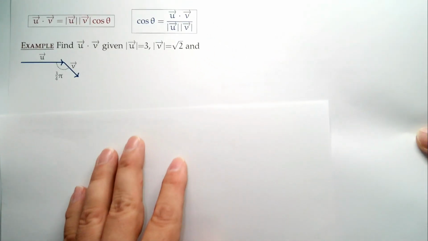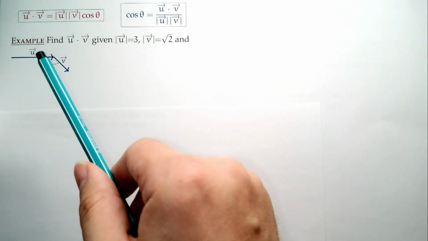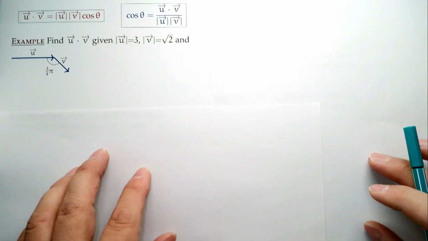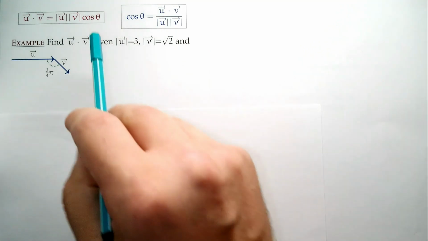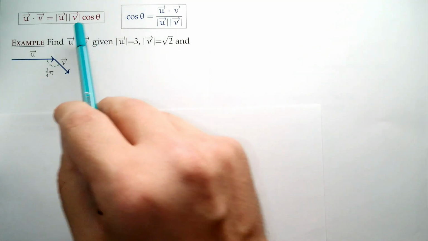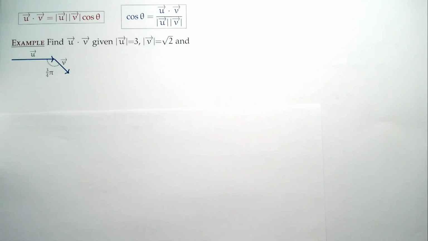So, we have, again, u dot v is the magnitude of u, magnitude of v, cosine theta. And we could also solve for cosine theta. So cosine theta is u dot v over the magnitude of u times the magnitude of v.